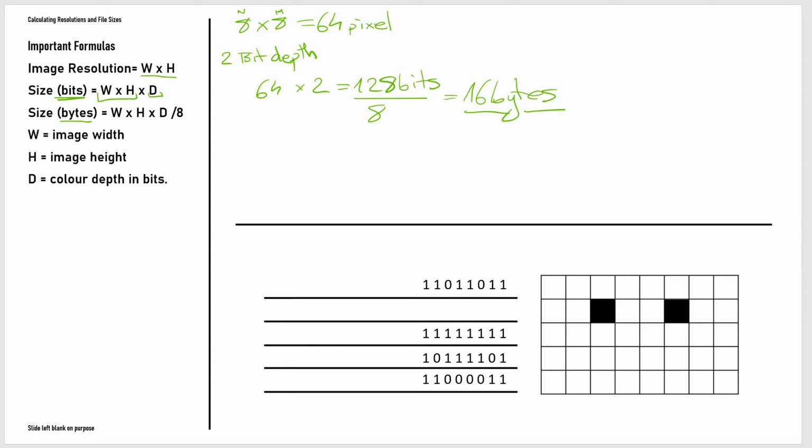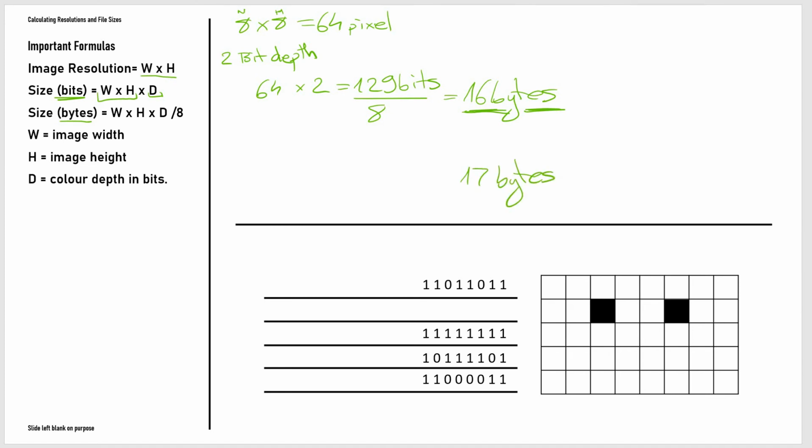Now, if you ever calculate something and you end up with a number like 129, which doesn't divide by 8 exactly to a whole number like 16, your answer for the question should be 17 bytes.